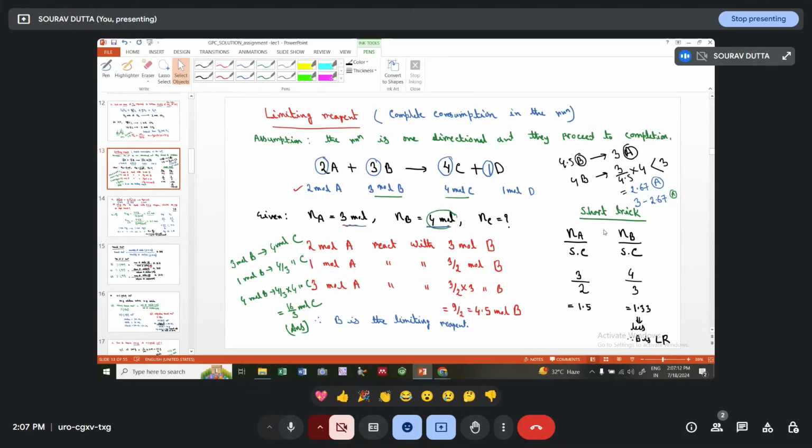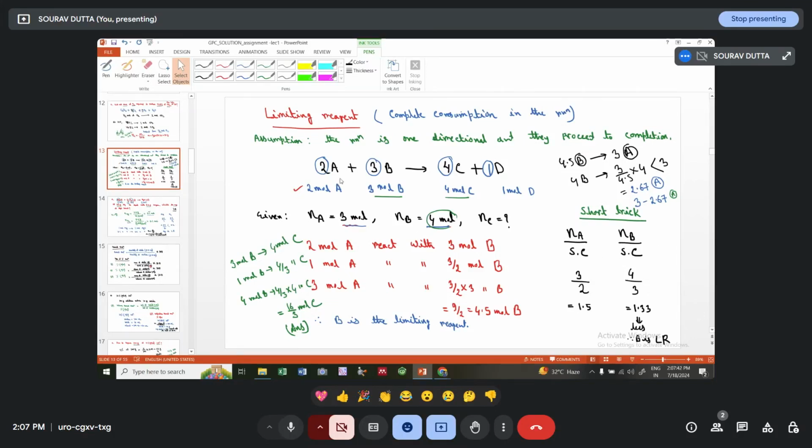So we can use a short trick. If I take these two reactants A and B, then we calculate the ratio of the number of moles of that particular reactant given to you divided by its stoichiometric coefficient in the balanced equation.